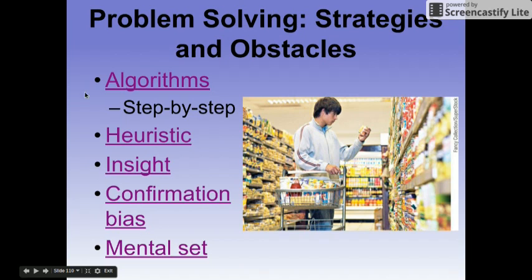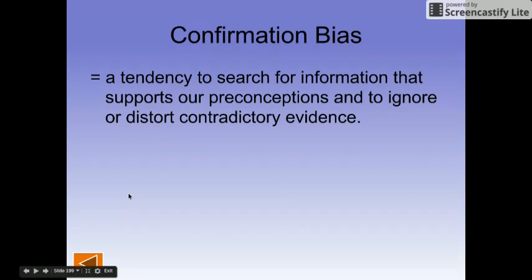So the first three bullets here are problem-solving strategies. The next ones are problem-solving obstacles. Confirmation bias is the tendency to search for information that supports our preconceptions, even though there's evidence to the contrary.